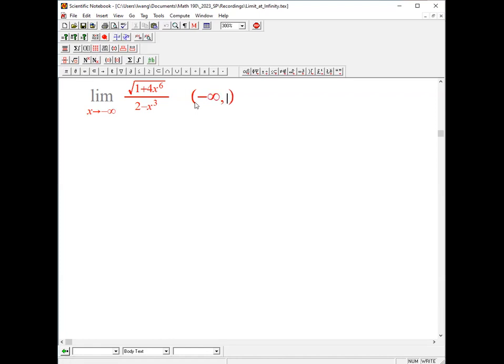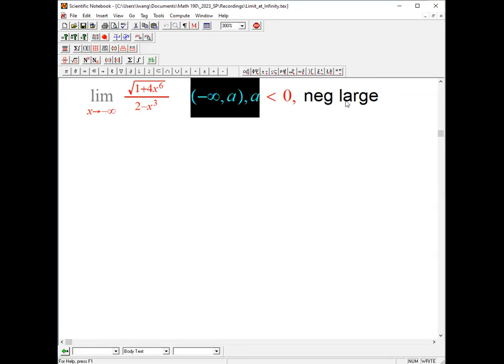We can think of x as being from negative infinity to a, and we can think of a as negatively large: negative 10,000, negative 20,000, whatever. You can think of a number, but we just need a number. Right, so this is the setting.